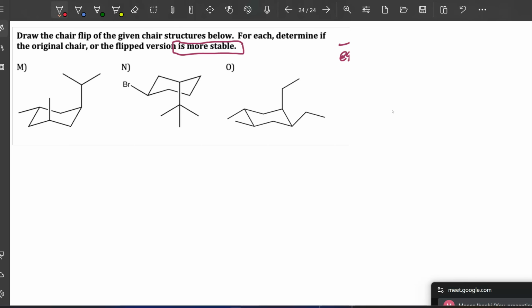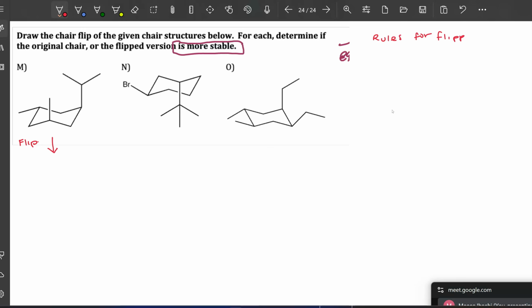Okay, so let's see. Can you still see my screen? Yes, sir. So let's start with M. If I flip it, flipping here, the rules, we always operate with rules.